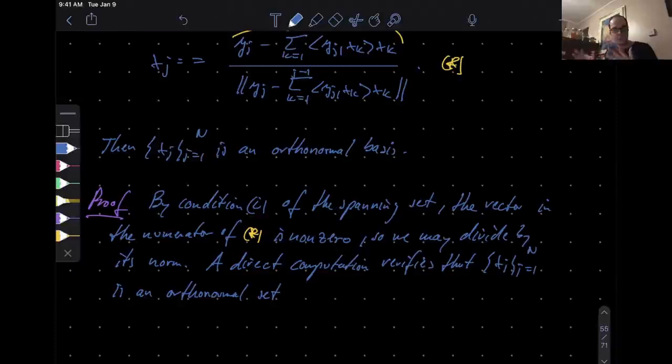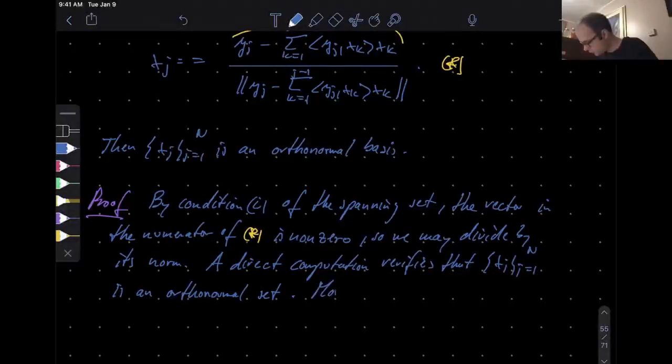You just perform induction. You do the base case and then lift it to arbitrary x_j. So I'm not going to copy paste from the linear algebra lectures. Instead, we will prove that that thing is indeed an orthonormal basis using our definition of orthonormal basis, right, an orthonormal set not properly contained in any other orthonormal set. Okay, so let's do this.